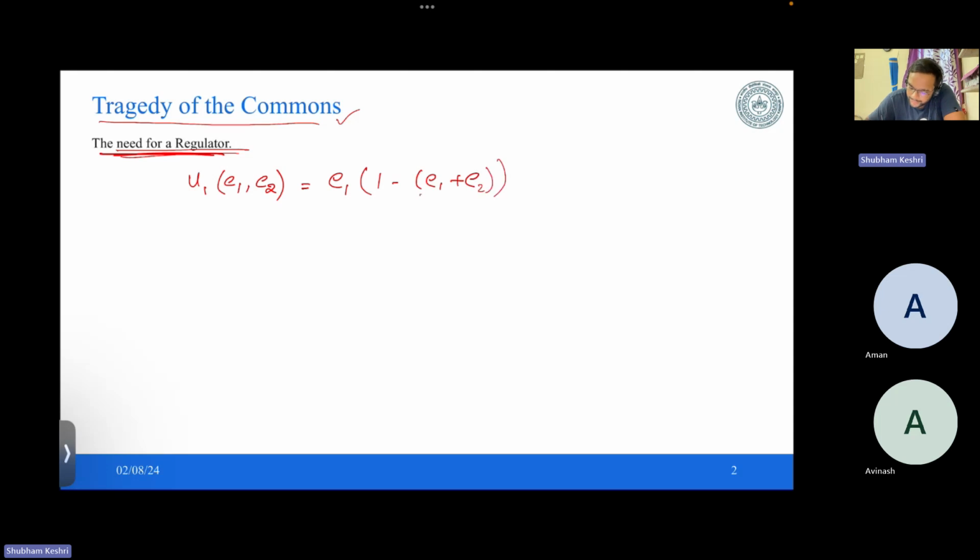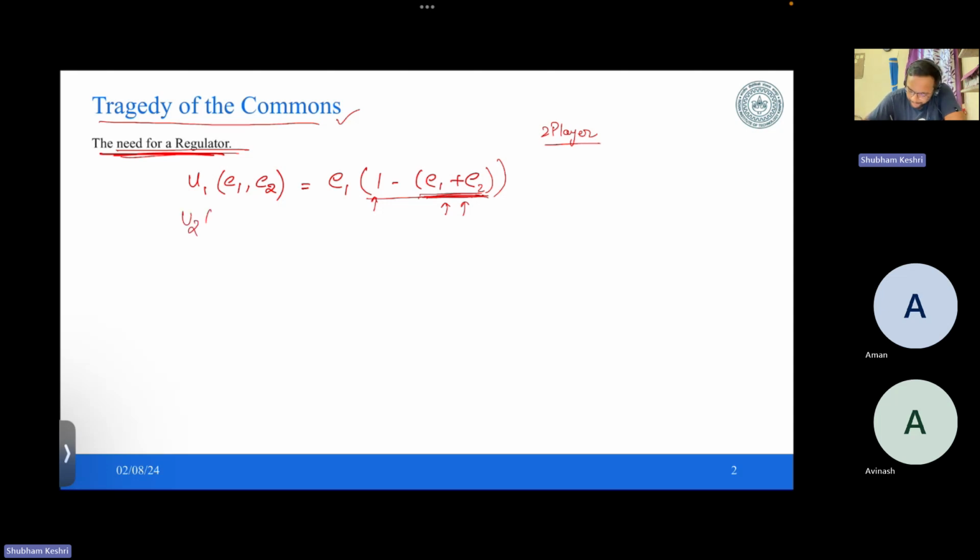So if you notice, this is the total strategy or total effort both the players are putting. So there are two players in this game, and this sum is being subtracted from 1. So we have an inverse relationship. The more the resource is being used or effort has been put, the less overall resource is available for the players. All right. So this is the utility of player 1.